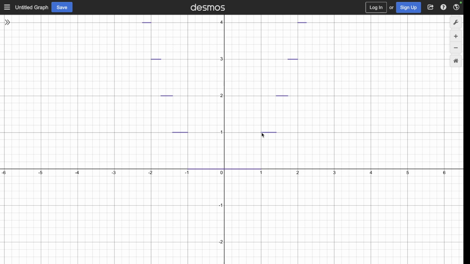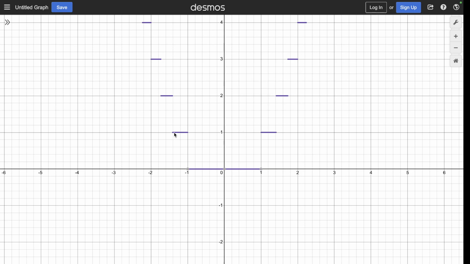And for the positive region, this point is 1, and this point is 1.4, the x value is 1.4. So for 1 to 1.4, it is a semi-closed interval: 1 is less than or equal to x, and 1.4 is the open end.